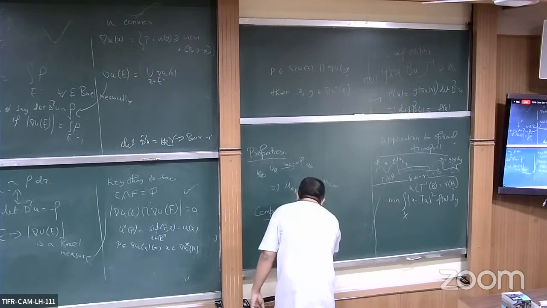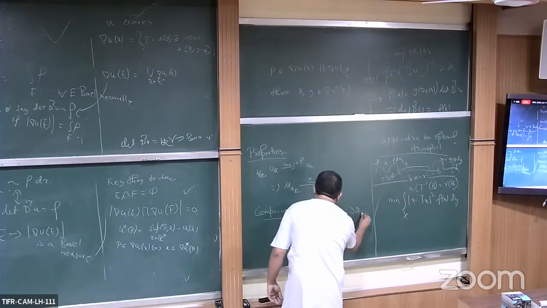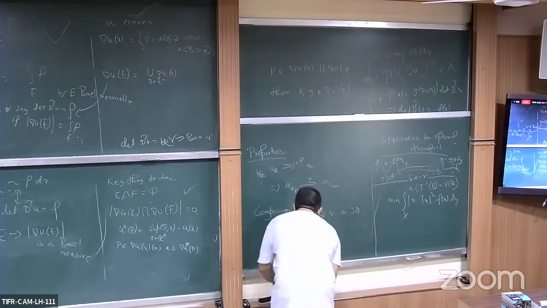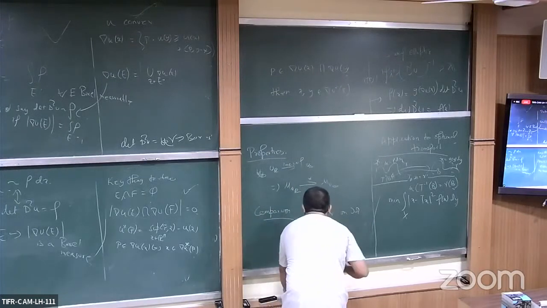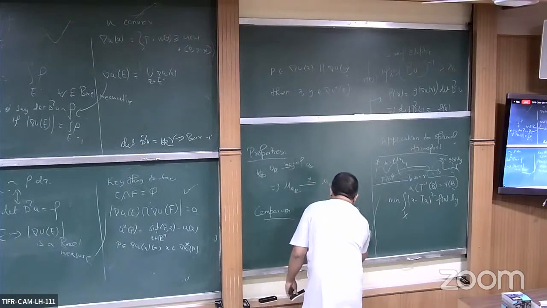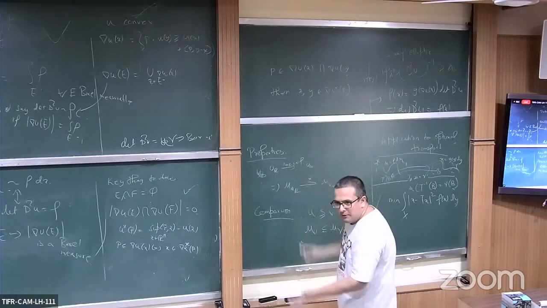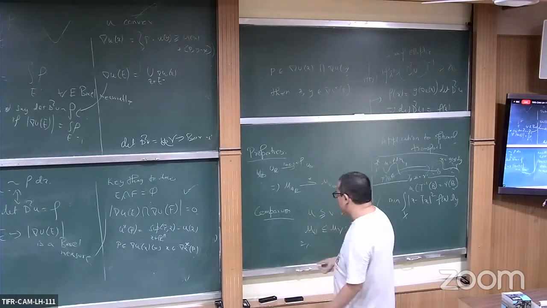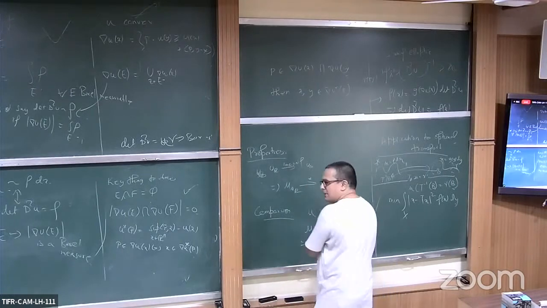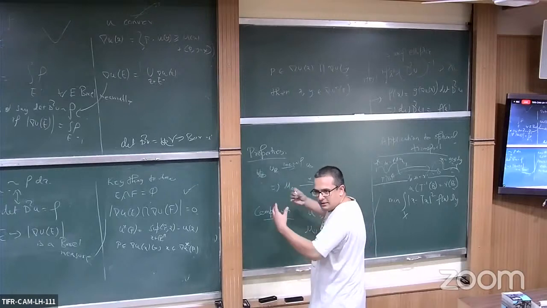So what you have is that if u is bigger than or equal to v on the boundary of omega, and if the Monge Ampere measure of u is less than or equal to the Monge Ampere measure of v inside, this is just telling you that v is more convex, u is less convex. So this is the picture. Monge Ampere measure means the Hessian is more positive.